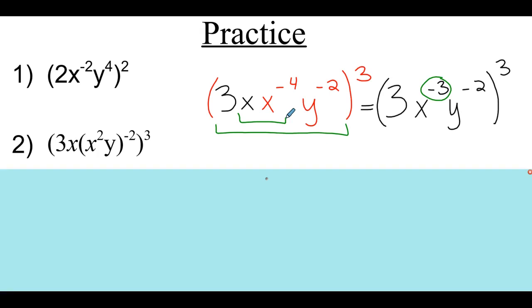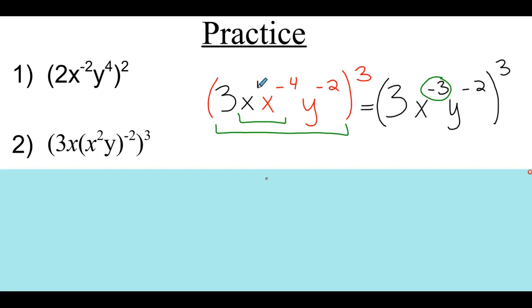What do we do to our exponents when we multiply same base? That was step 1 on the very front. You add them together. So whatever the exponents are, now technically this is x to what power? X to the first power, right? So if we're going to add those exponents together, 1 plus negative 4, aka 1 minus 4, is negative 3, right?